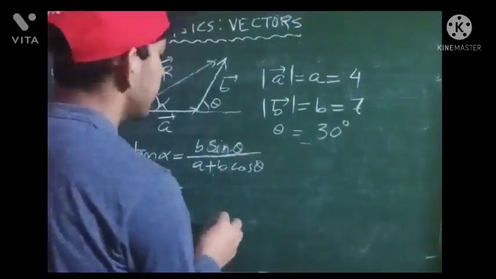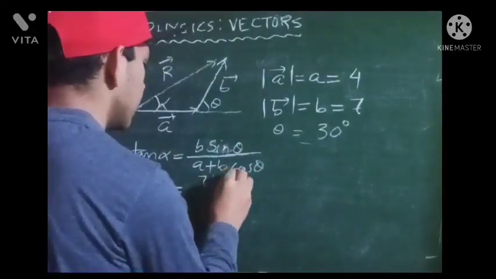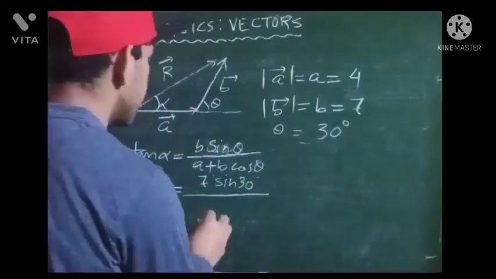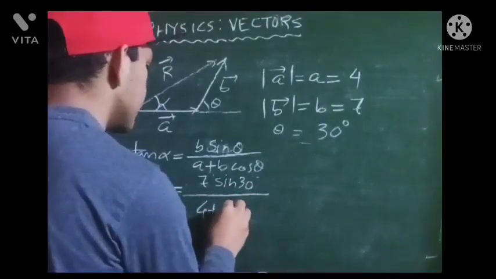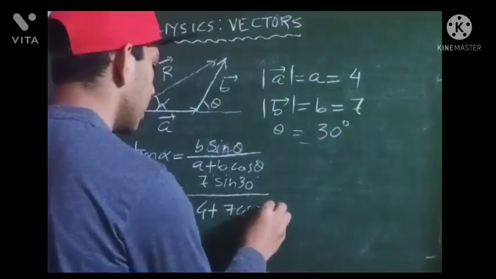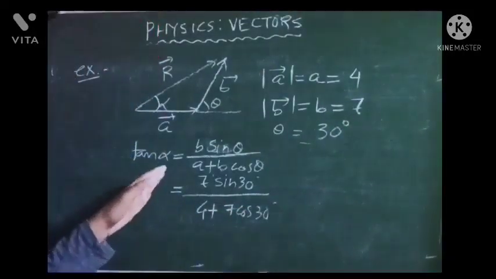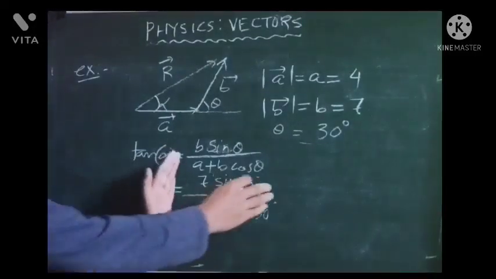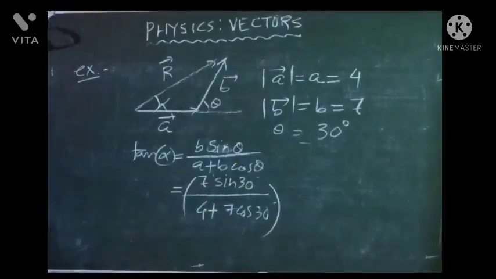Then we have the value of b as 7 sin 30 degree upon a, which is 4, plus 7 cos 30 degree. I hope you can find this value and find alpha as tan inverse of this simplification.